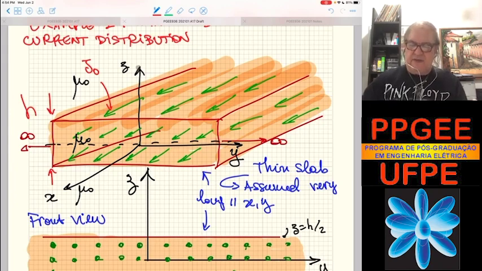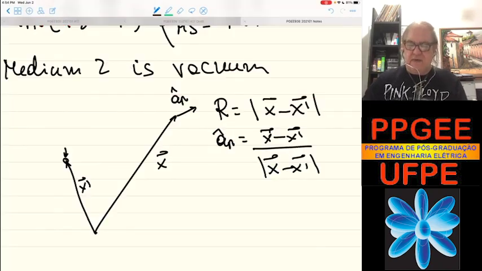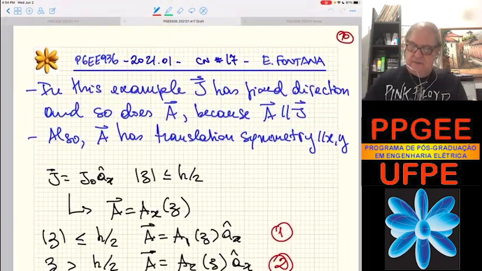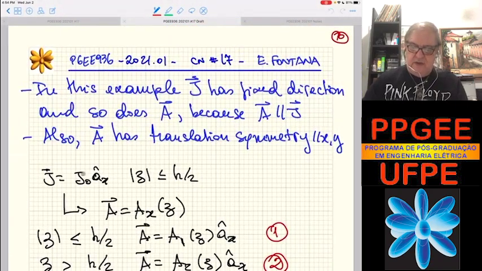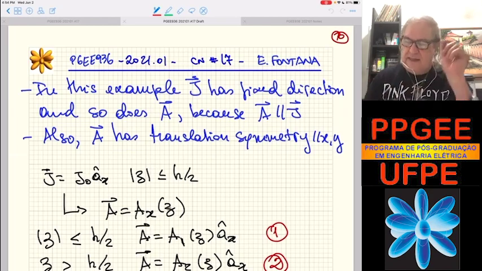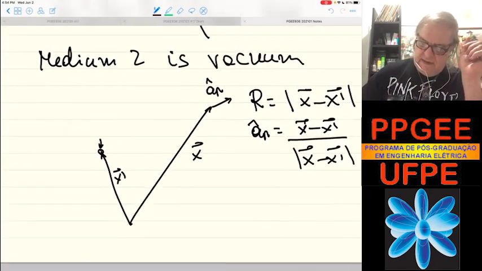So the vector potential depends only on z. And the vector potential satisfies that equation that we mentioned before. The vector potential has only an x component, which in principle depends on z. So what is the equation?